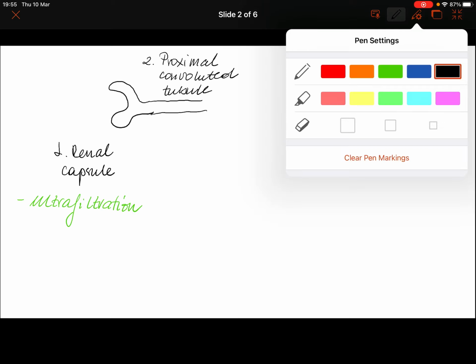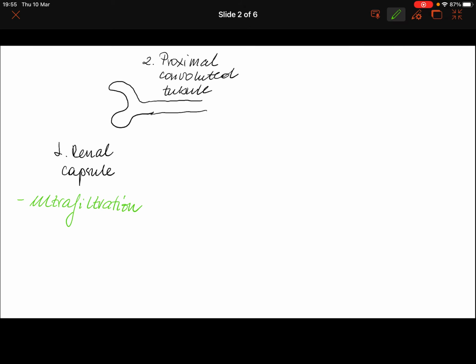Within this part of the nephron, the second process is taking place, which is called the reabsorption of glucose. Here we will also be looking at the reabsorption of sodium and some reabsorption of the water in a second.